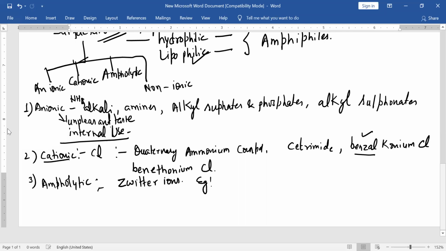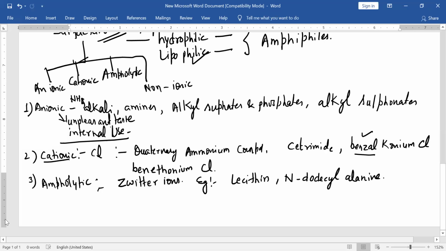Examples of ampholytic surfactants are lecithin and N-dodecylalanine.